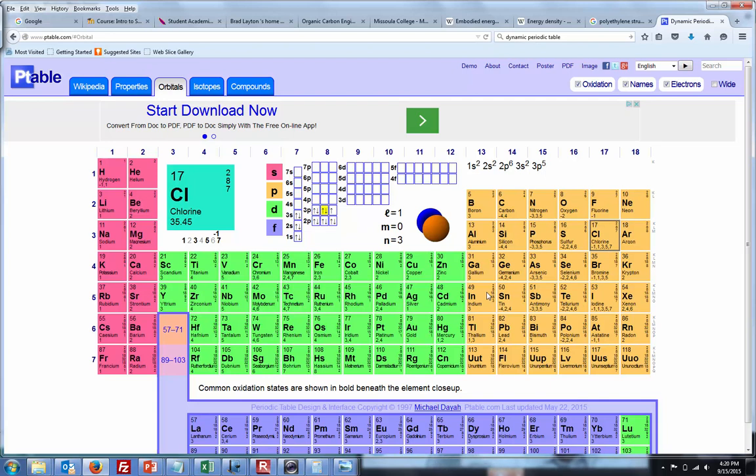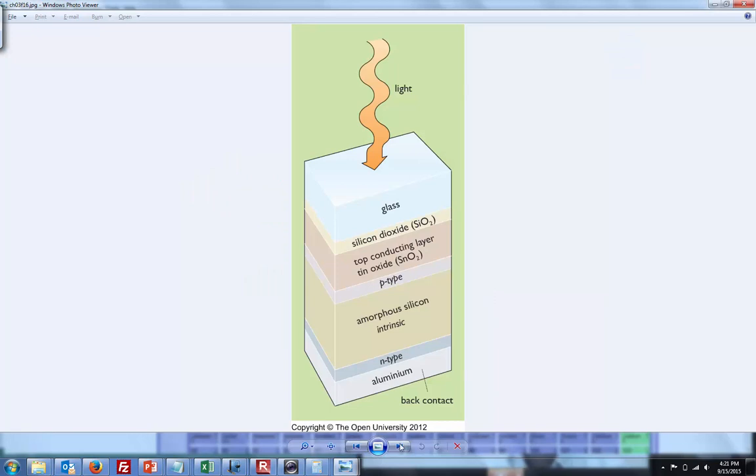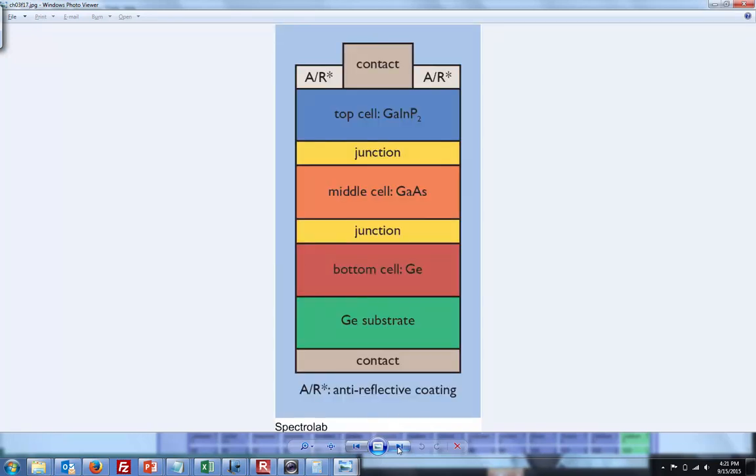Therefore, you could use it in an application where you would have multiple chances to catch that electron, and that's more or less what's being shown here. There's your transparent portion, and your gallium arsenide, and then subsequent chances at catching that, a triple junction, if you will.